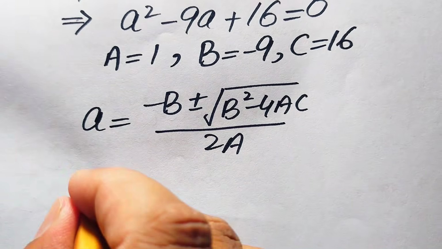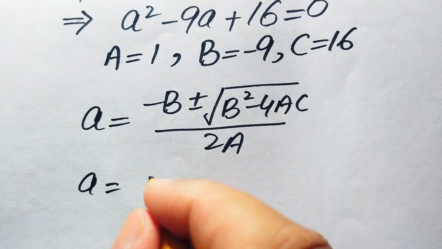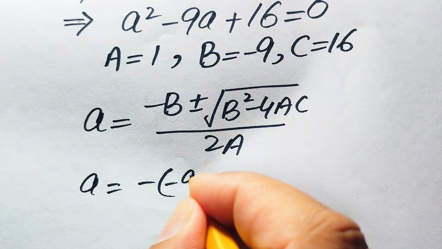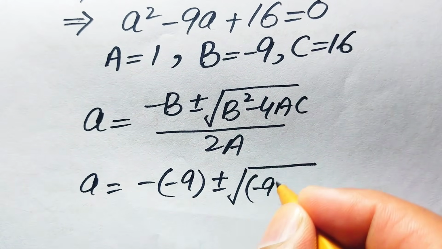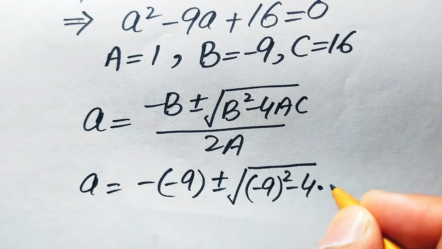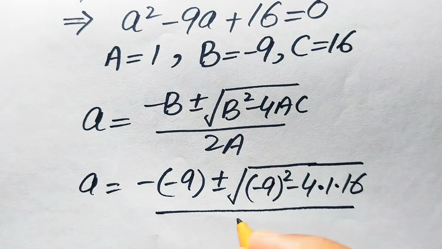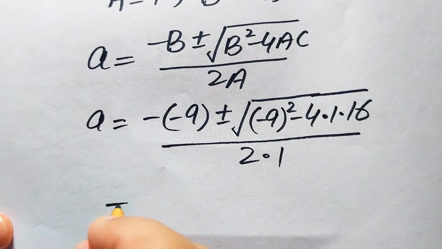Here we need to substitute all the values of a, b and c in this formula, and it becomes minus b, the value of b is minus 9, plus or minus the square root of b squared, b is minus 9 squared, minus 4 times a is 1 and c is 16, divided by 2 times a, and here our a equals 1.